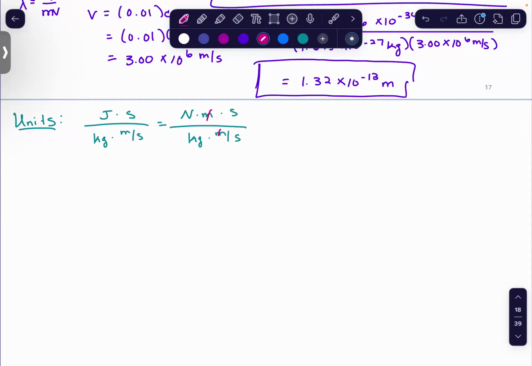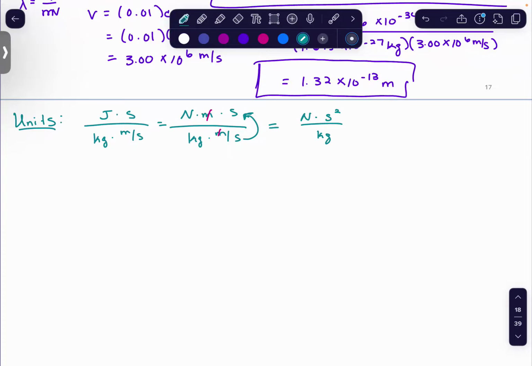That's going to cross out meters. Then this seconds is going to go up to the top, so one over seconds goes up to the top. So this is going to be newtons times seconds squared over kilograms.